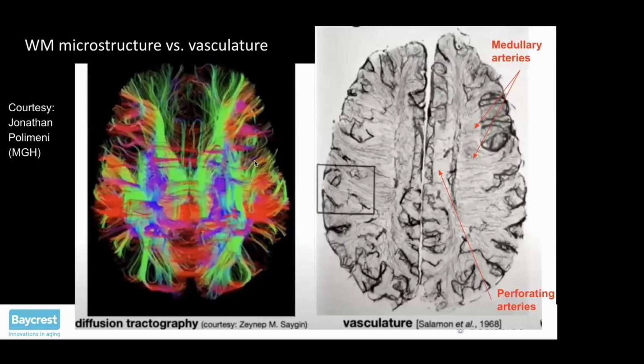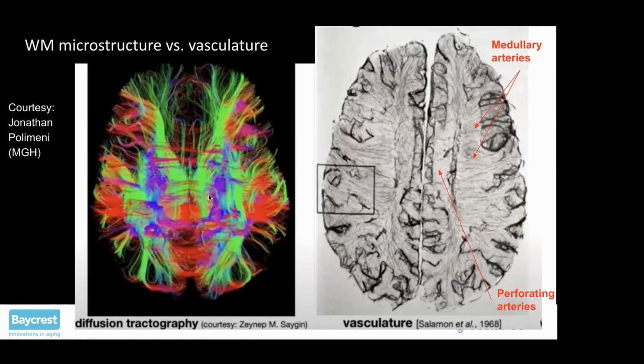If we look yet closer, what is feeding this degeneration? This is a slide I just stole from my good colleague, John Polimeni. On the left, you can see the typical tractography figures where you have the projection fibers, association fibers, and the commissural fibers, represented here by different colors.